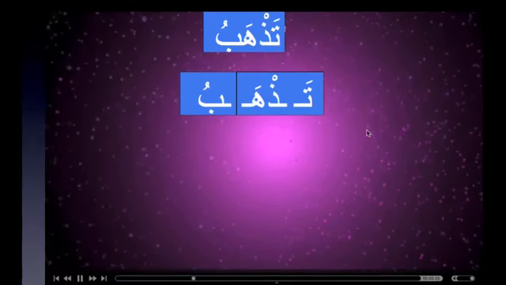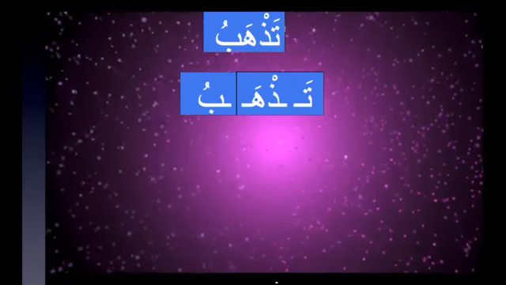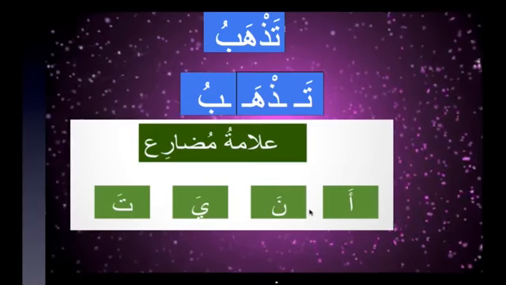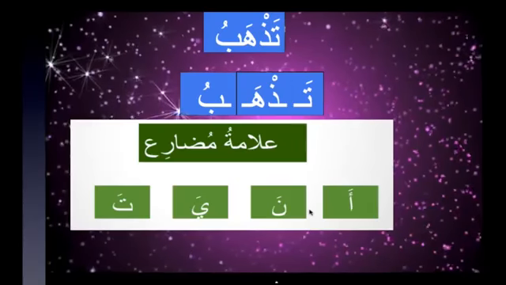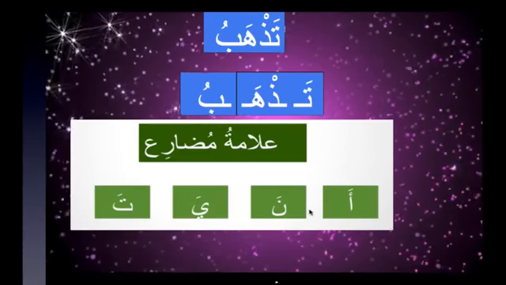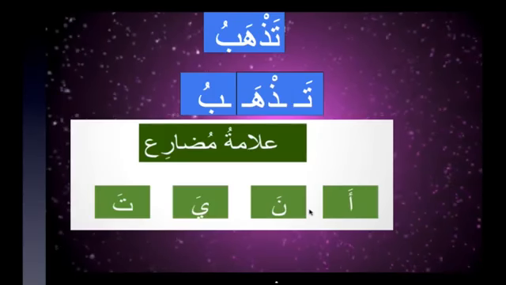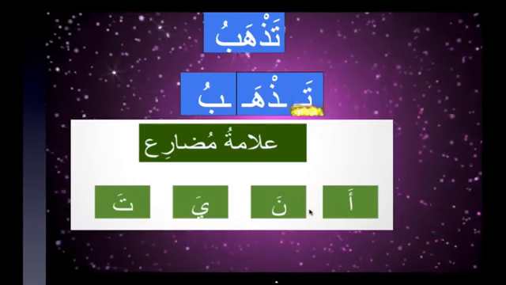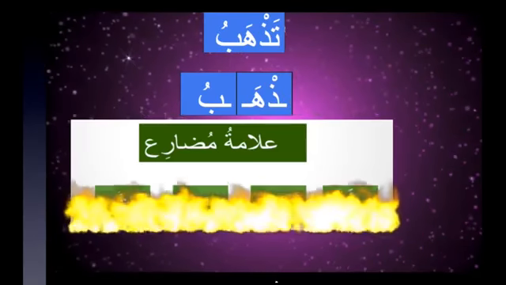We know the signs of mudari': na, ya and ta, and also the hamzatul qata', these are the 4 signs of mudari'. So we'll take this away, and you don't see the alamat mudari' in fi'l amr.